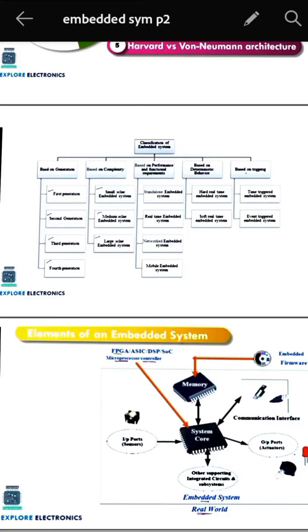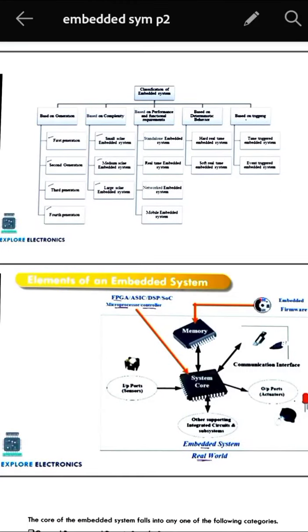Again the system core is connected to the input ports and the output ports of the embedded system. Then the overall embedded system is connected to the real world for communication purposes. This is the block diagram of the elements of an embedded system.